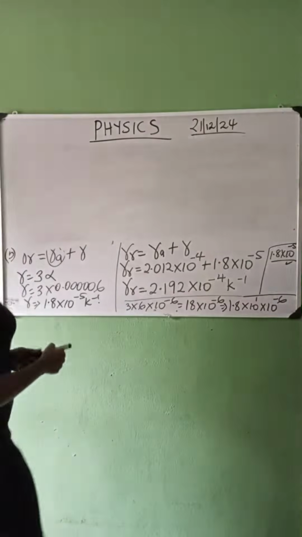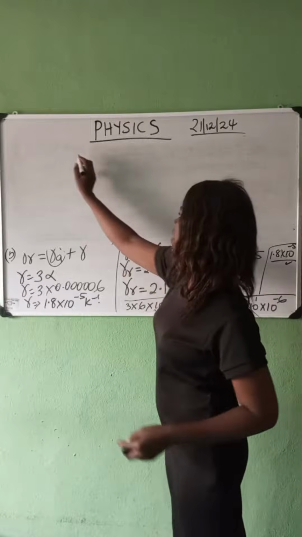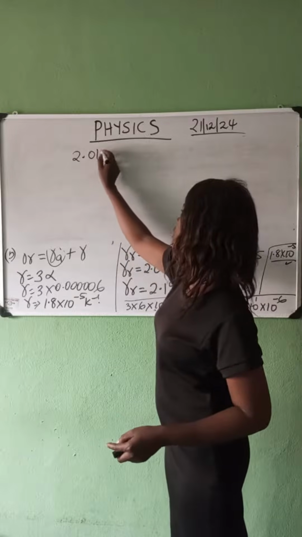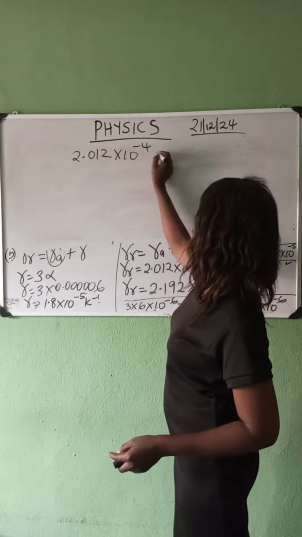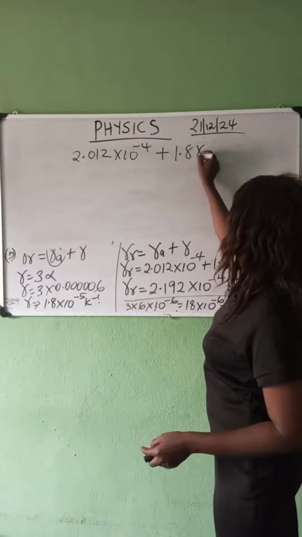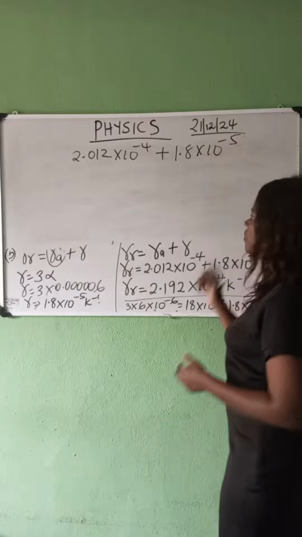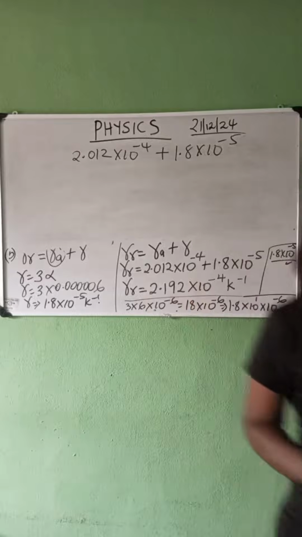Okay, let's say if I add these two, we have 2.012 times 10 raised to the power minus 4 plus 1.8 times 10 raised to the power minus 5. Right? Let me do normal addition.